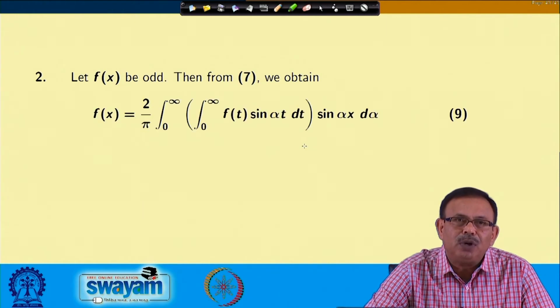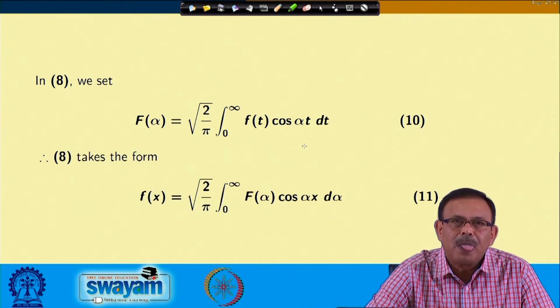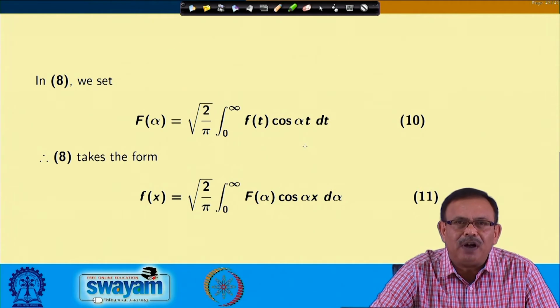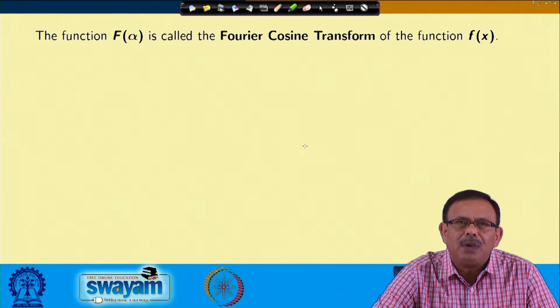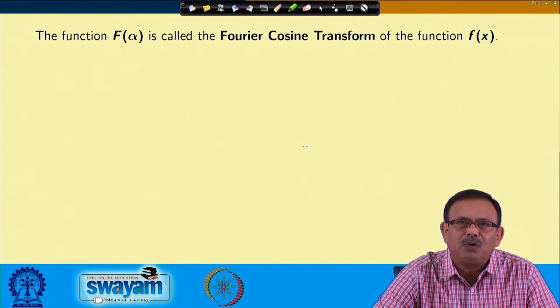In this equation, if we set F(alpha) equals root over 2 by pi, integral from 0 to infinity of f(t) cos(alpha t) dt, then 8 takes the form f(x) equals root over 2 by pi, integral from 0 to infinity of F(alpha) cos(alpha x) d alpha, and this capital F(alpha), defined by 10, we call the Fourier cosine transform of the function f(x).